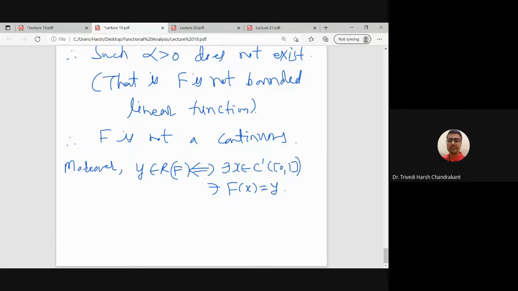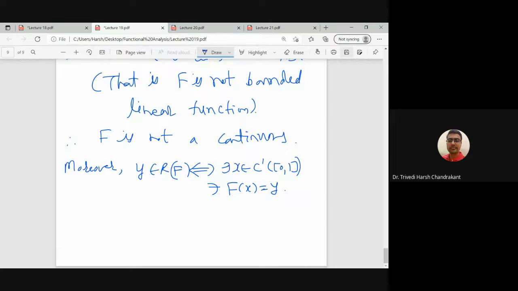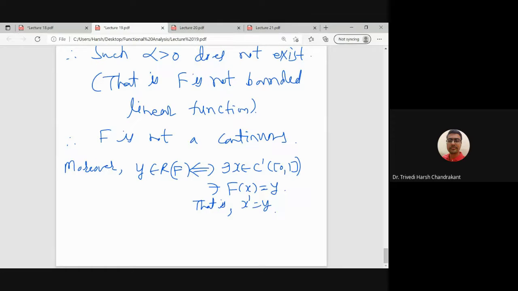So this is the meaning of y being an element of the range, and we know that F of x is x dash, so that means x dash is y. Right. So is it true that this function is an onto function? So what is the range? Range is basically a subset of the codomain. The codomain is the continuous functions on the closed interval 0 to 1.